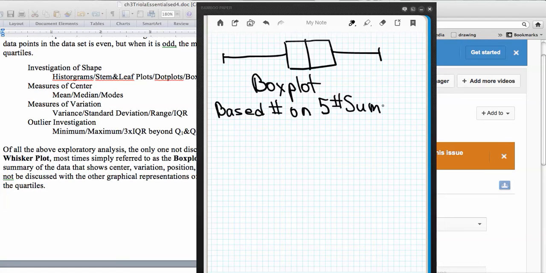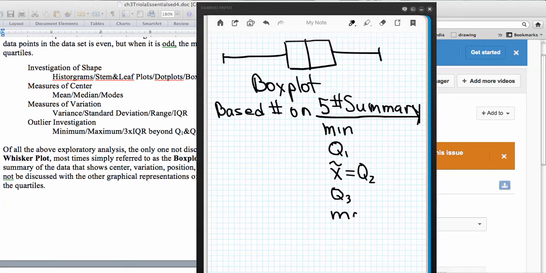And the 5-number summary, quite easily put, says what is the minimum data point, what is our first quartile, what is our median, also called our second quartile, and what is our third quartile, and what is our maximum.